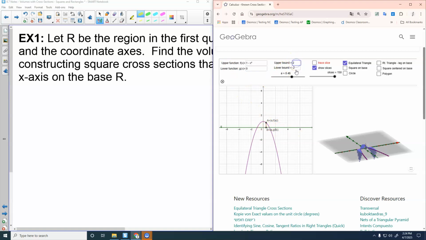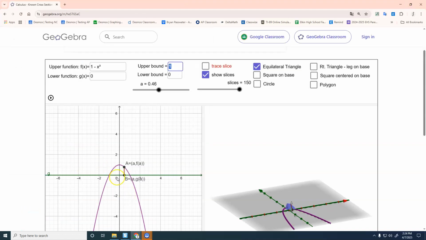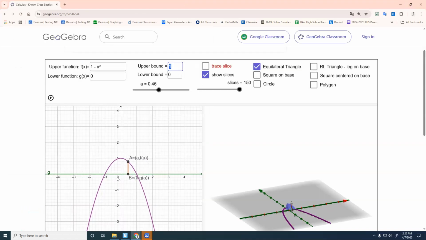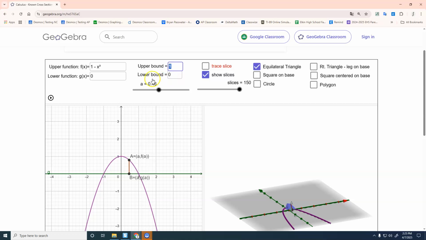And I only want to go from 0 to the intersection point right there, which is going to be 1 in this case. So it's not this whole area that we're looking at right here, because it's supposed to only be the first quadrant, but I fixed that by making my lower bound 0 right here. It won't let me go past right there on this.